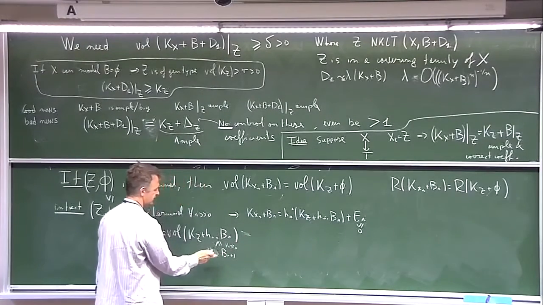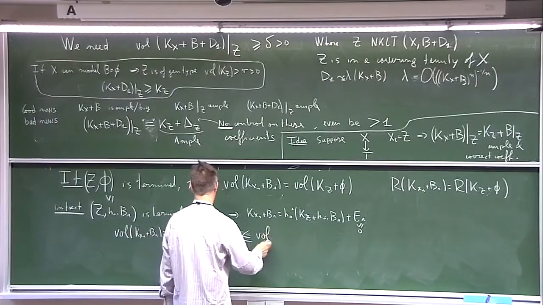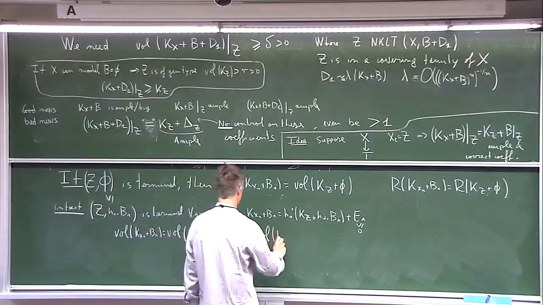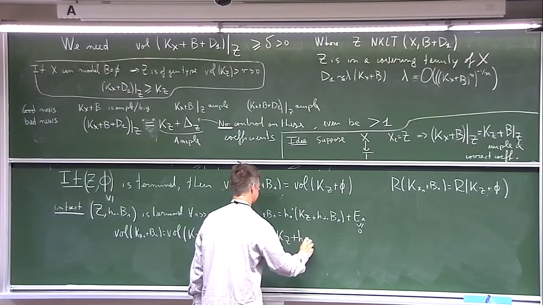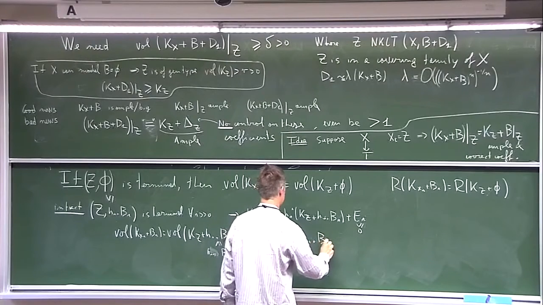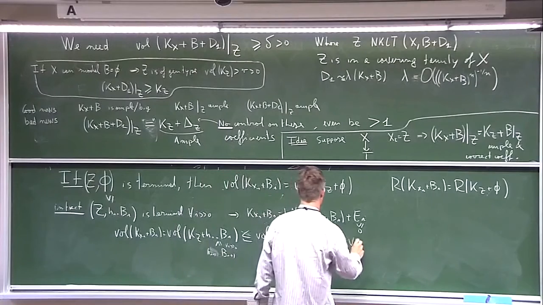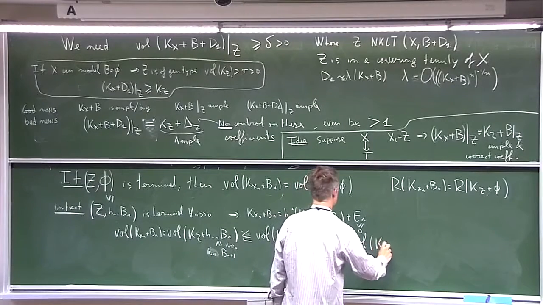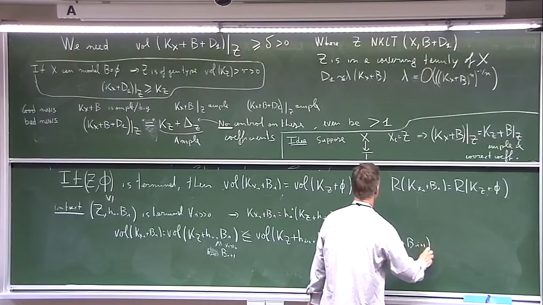If these coefficients are bigger, the difference is effective, so automatically the volume will be possibly bigger. And since this guy is also terminal, that's the same as the volume of K_{X_{i+1}} plus B_{i+1}.